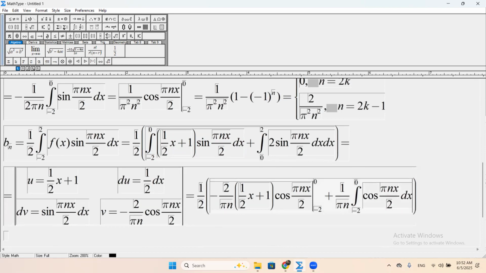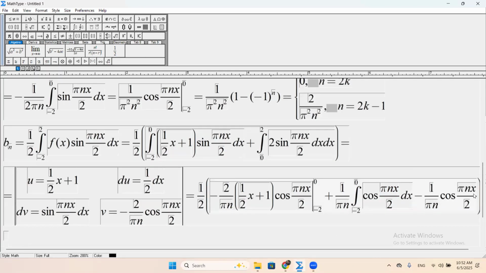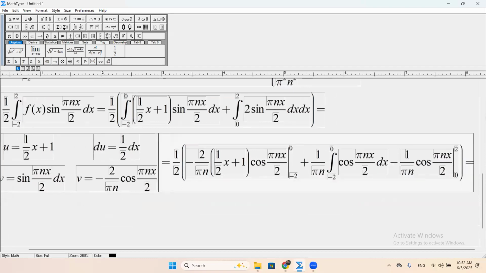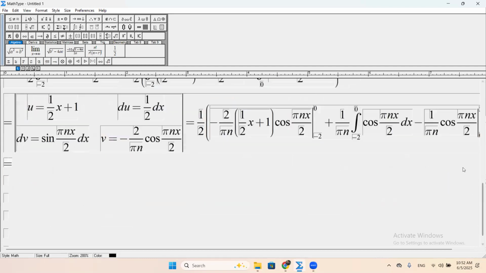So minus 1 over pn cosine of pnx over 2 with the substitutions from 0 to 2. And let's look at what we can simplify in this expression.